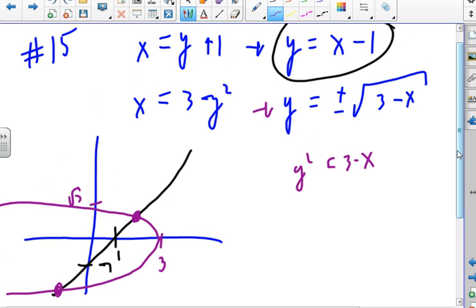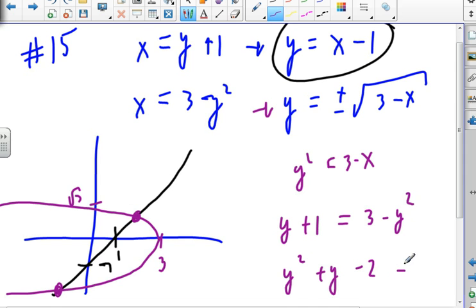Okay, so when is y plus 1 equal to 3 minus y squared? When does that happen? Okay, so I got y squared plus y minus 2 is equal to 0.